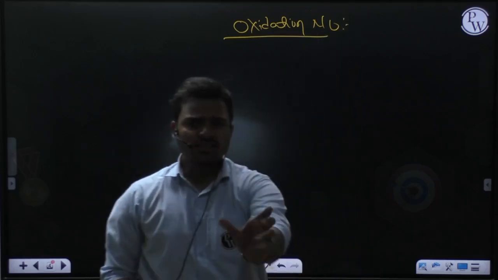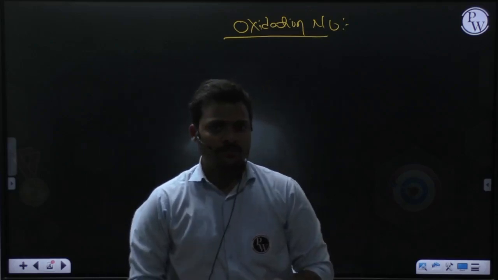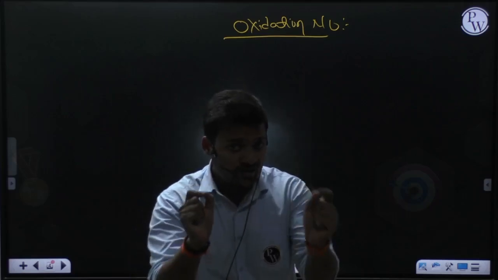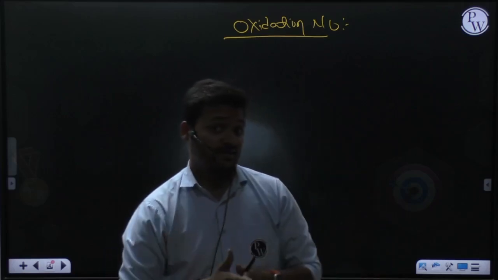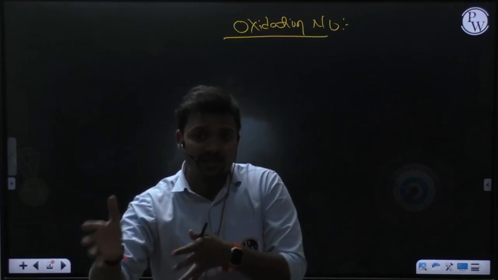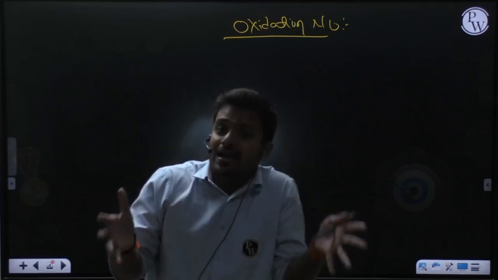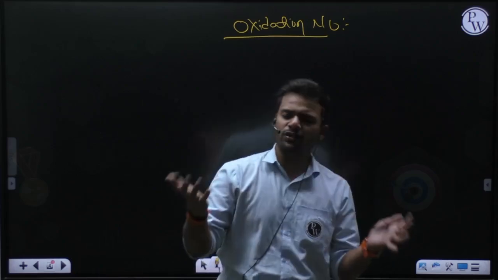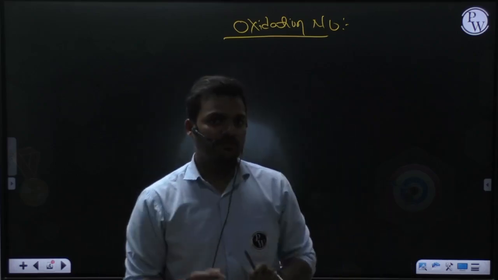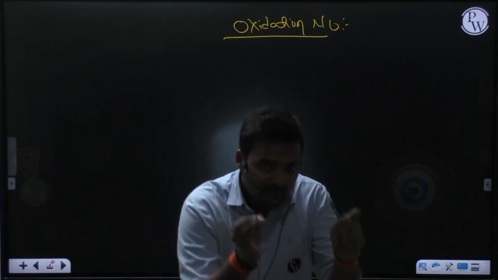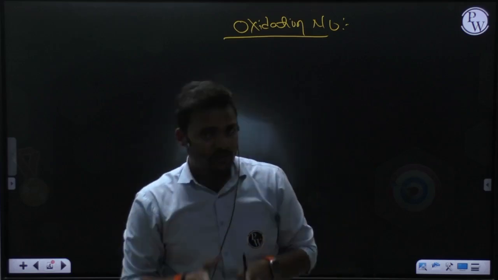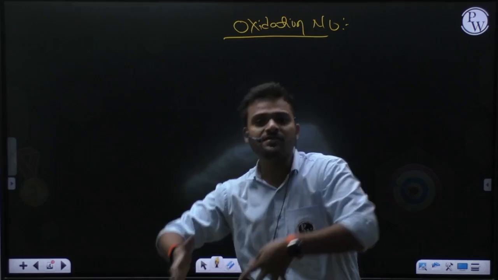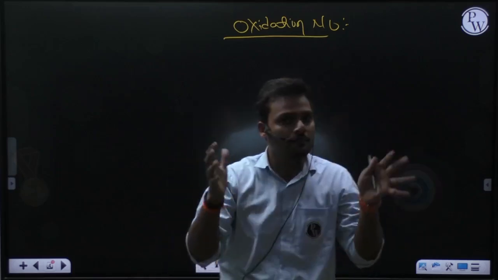Oxidation number is defined as, guys, just listen here, the real or imaginary charge which is present on a given atom. Just repeat again with me. Oxidation number is defined as the real or imaginary charge which is present on a given atom, and that real or imaginary charge is defined as your oxidation number, right?